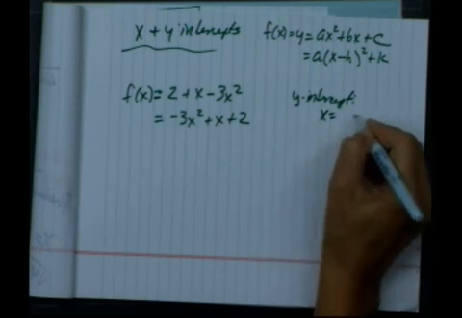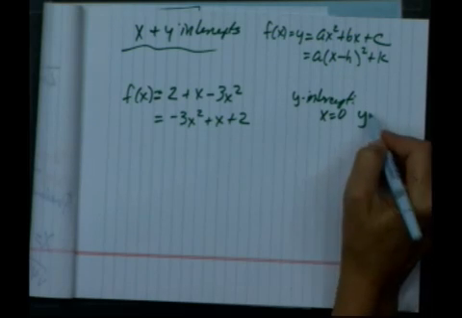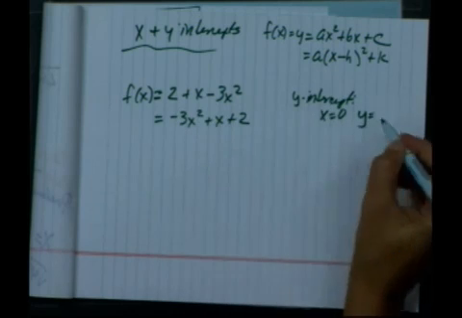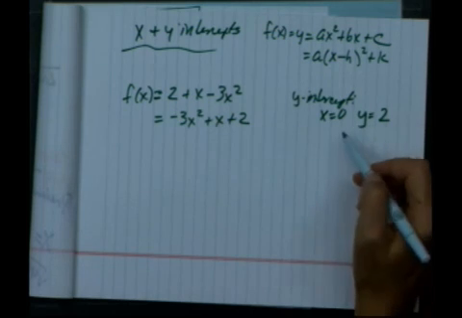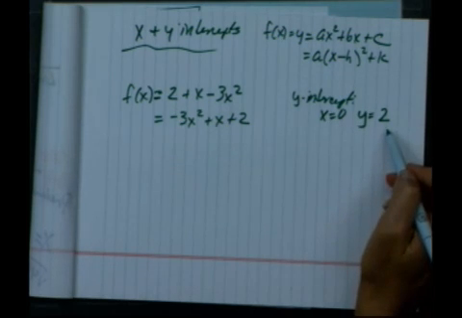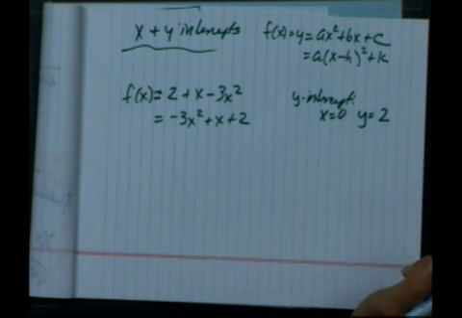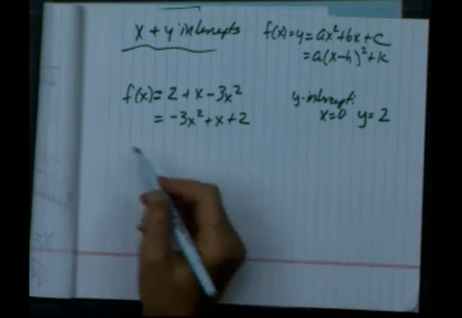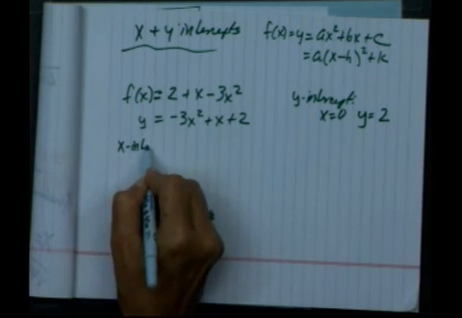Let x be 0. What is y? y is equal to 2. So we know it's going to touch the y-axis at the point (0, 2). Just let x be 0, so y is 2. All right, now the more interesting one is the x-intercept.